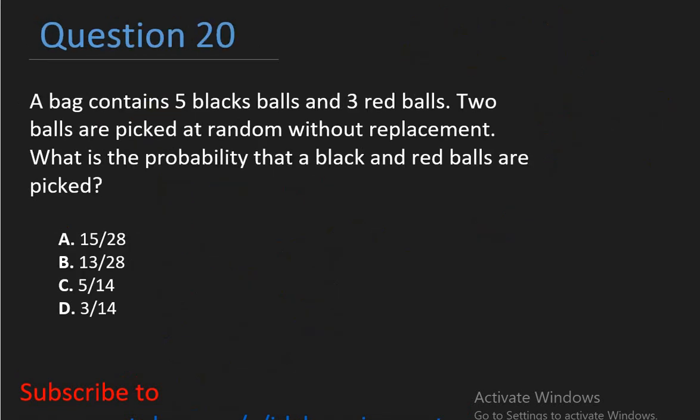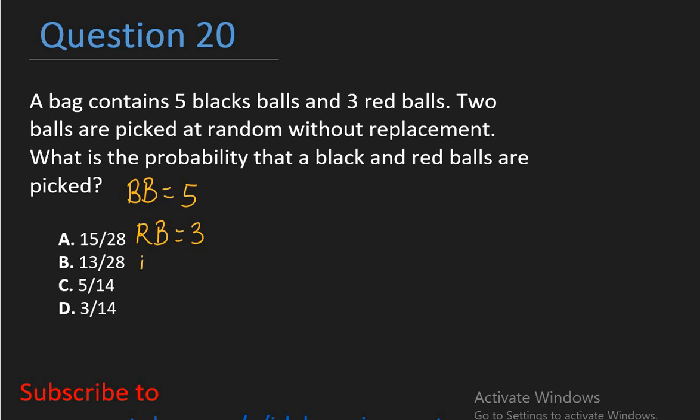Okay, let's look at the last question for today. A bag contains 5 black balls and 3 red balls. 2 balls are picked at random without replacement. What is the probability that a black and a red ball are picked? In this question, the black balls are 5 and the red balls are 3.